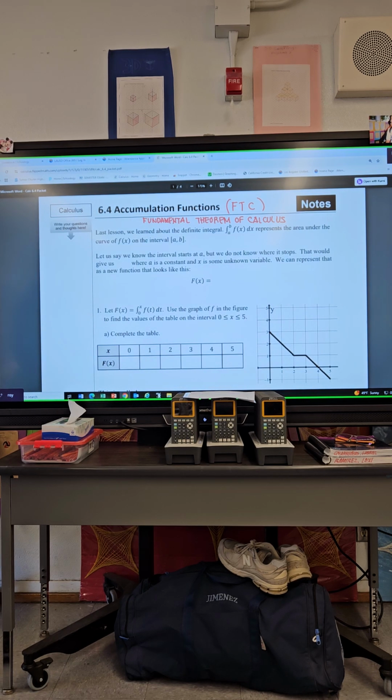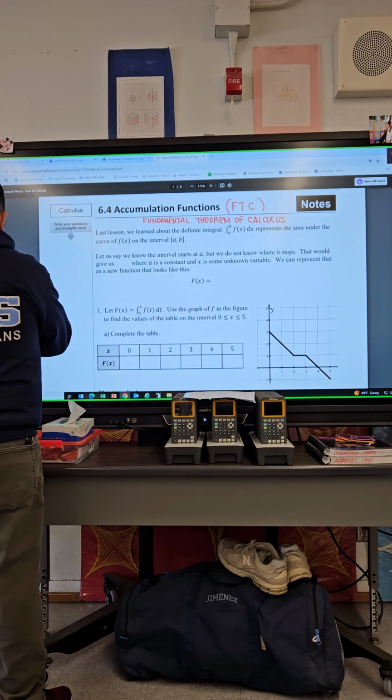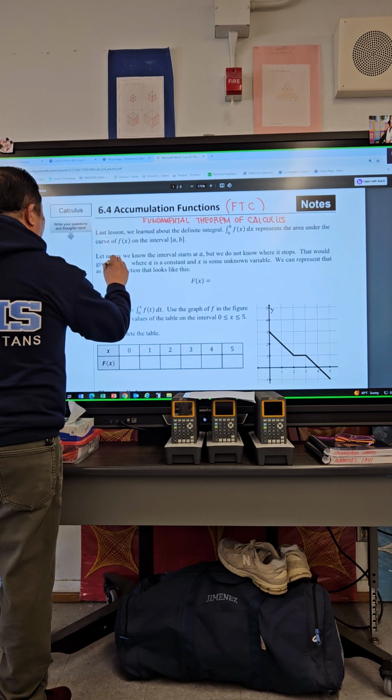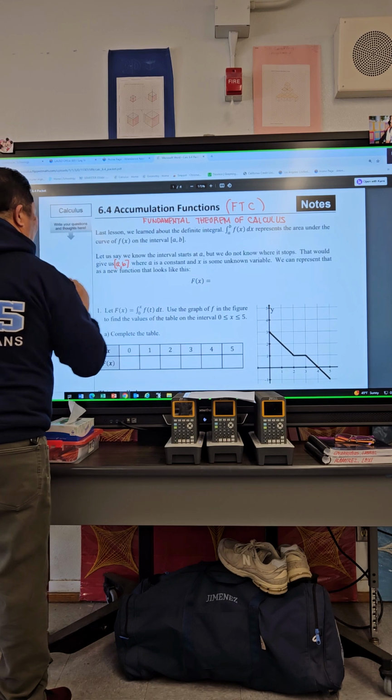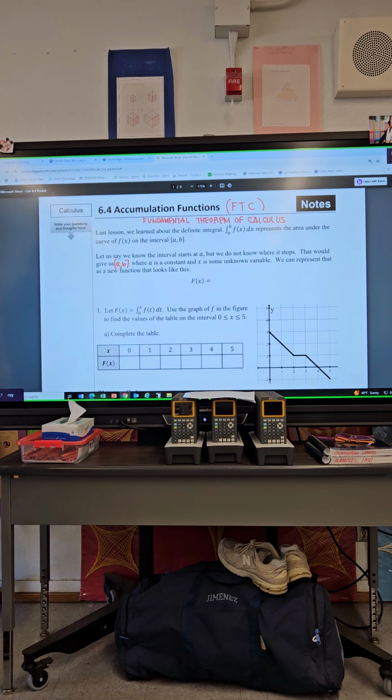Let us say we know the interval starts at a, but we do not know where it stops. That would give us a to x, where a is constant and x is some unknown variable. We can represent that as a new function that would look like this.